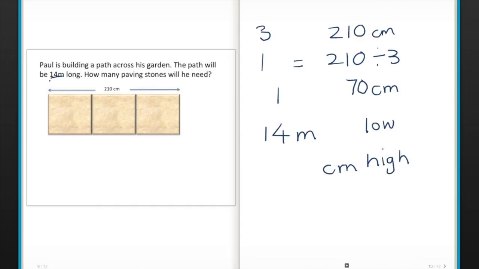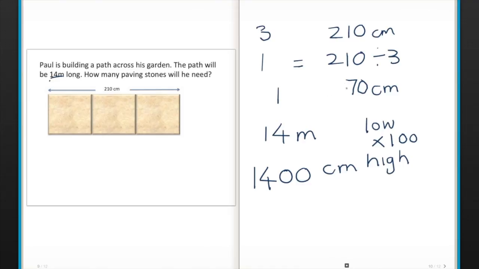How do I get from low to high? I'm going to times. We're talking about centimetres, so it's 100. So 14 times 100, well, that's 1400 centimetres.